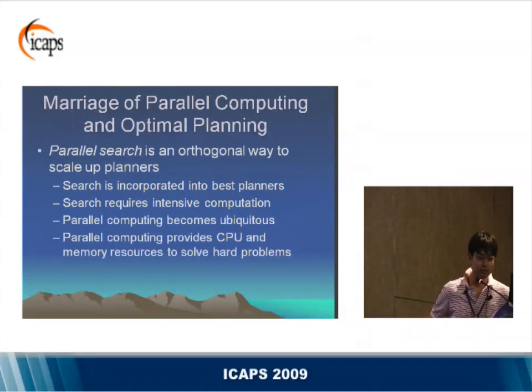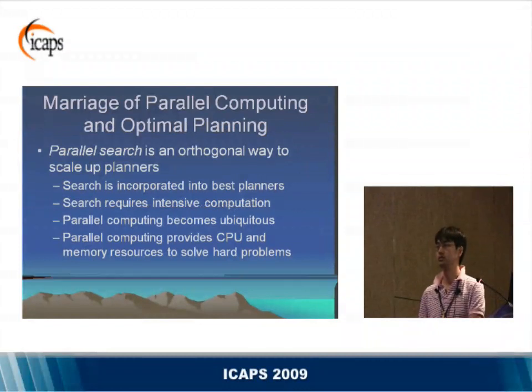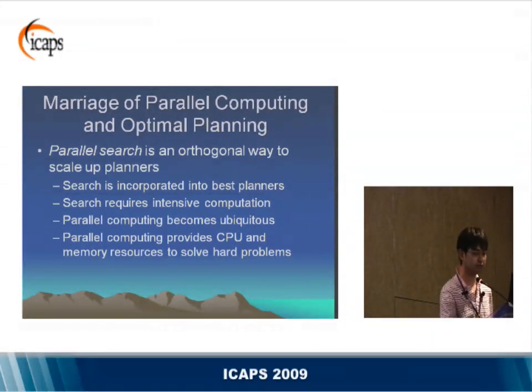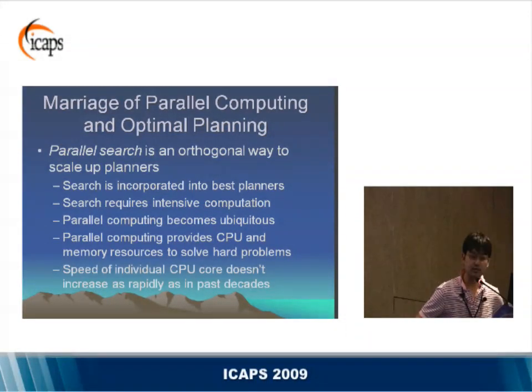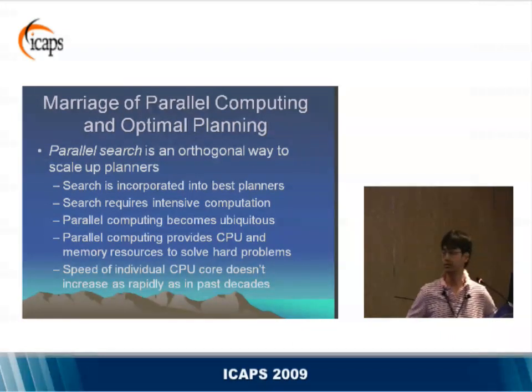Also, it is clear that parallel computing provides more CPU and memory resources in order to solve hard problems. And finally, the speed of an individual CPU core doesn't increase as rapidly as it used to, which means that in order to get speedup from hardware technology, it is quite necessary to parallelize the search algorithm.